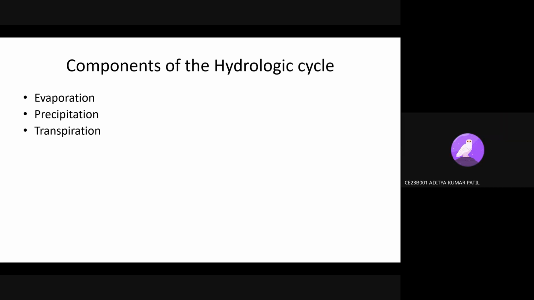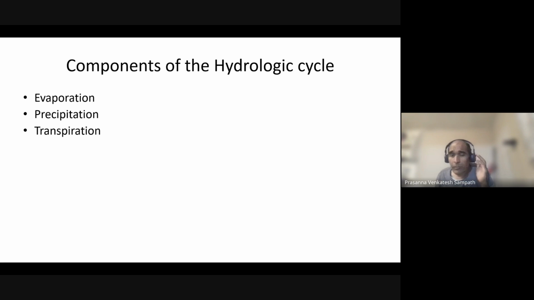Evaporation from the leaves. Yes. So the leaves of the trees or any vegetation that you have, in the process of photosynthesis, they take carbon dioxide from the air, sunlight, the energy, and convert that into glucose through the process of photosynthesis.